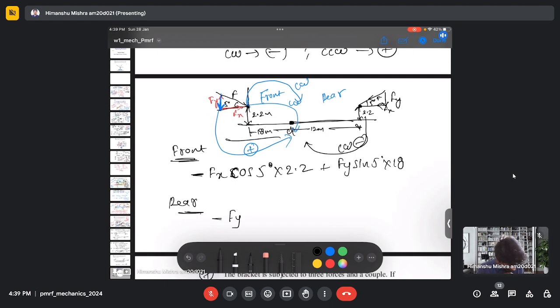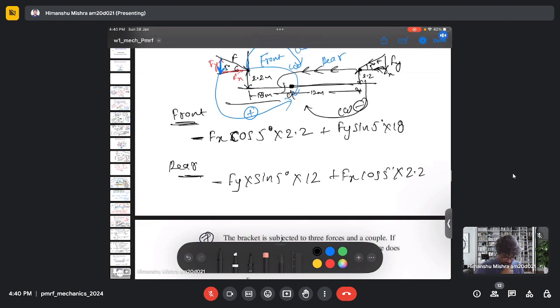So it is minus Fy sine 5 multiplied by 12, plus Fx, which is going in the clockwise direction, so it is plus Fx cos 5 multiplied by 2.2. So this is my front and rear moment equation about G. Now we can sum both of these moments.